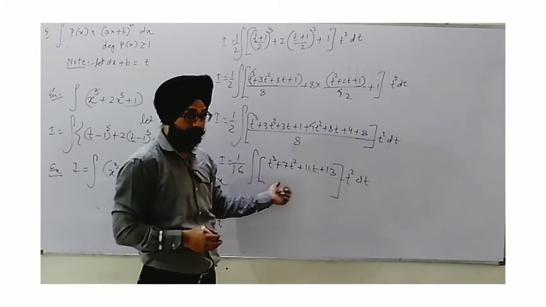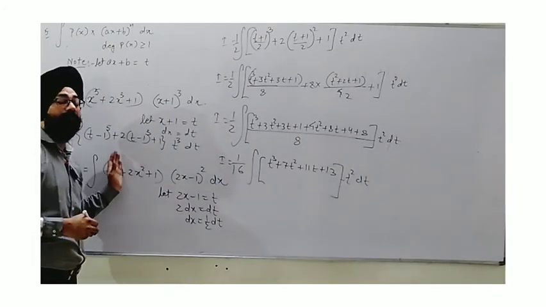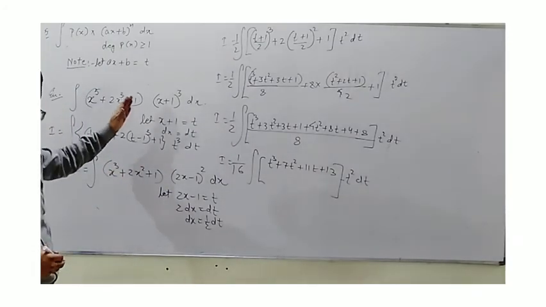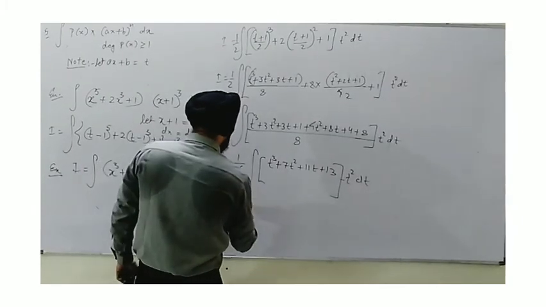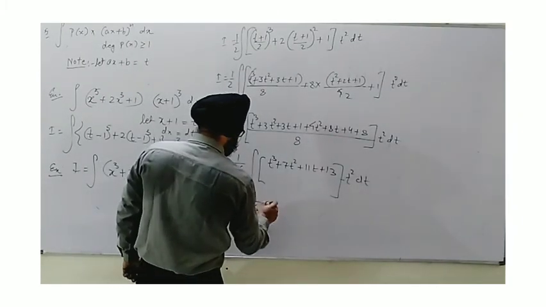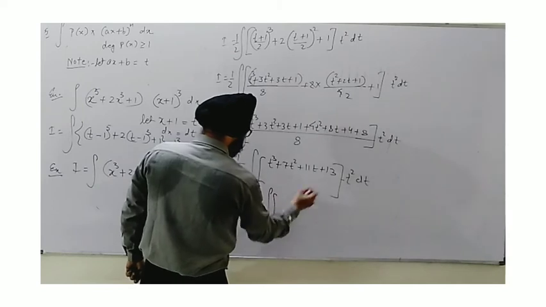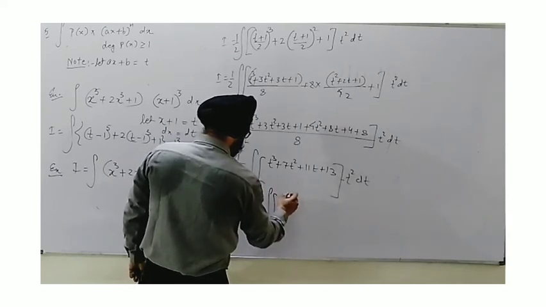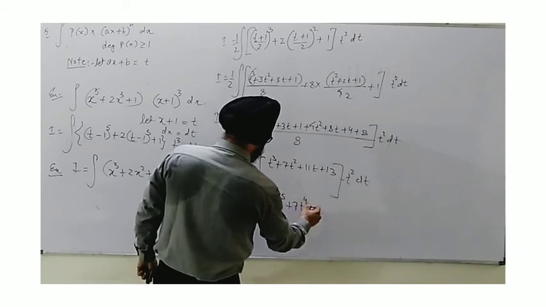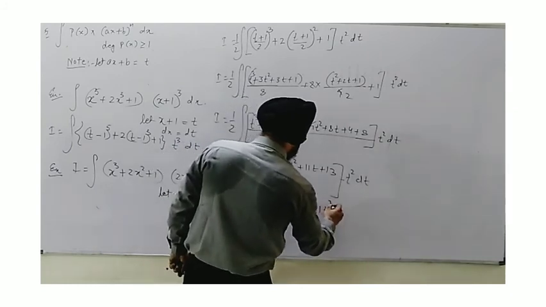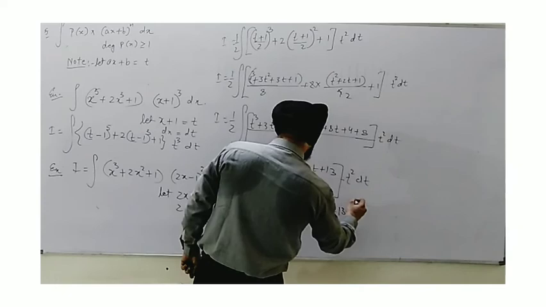I hope you have got the pattern. Very rarely will you find such a pattern, but using this substitution method we can simplify. Now I is 1 upon 16, and when I multiply t cube, we get t raised to the power 6, 7t raised to the power 5, 11t raised to the power 4 and 13t cube.